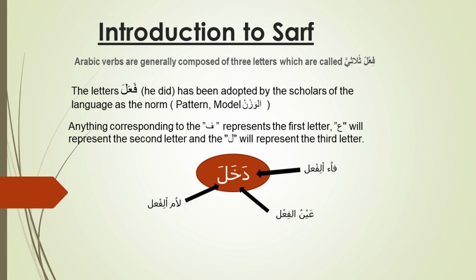This letter here is in place of the fa. We look at this, fa, ayn, lam. The dal is in place of that fa. We call it fa'ul fi'l. It's the fa of the fi'l.